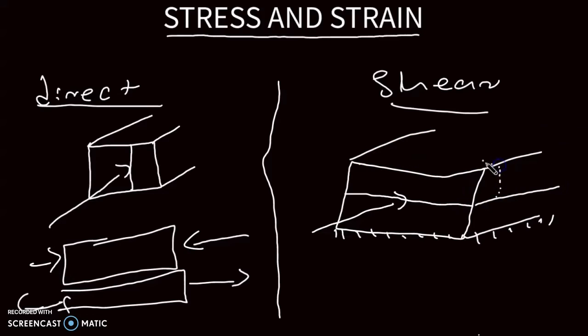This portion will come here. We can tell now that the cross-sectional area that we are dealing with is no longer this one, but it's the cross-sectional area where the two objects, because now we are going to have two objects, where the two objects separated, which will be this cross-sectional area.